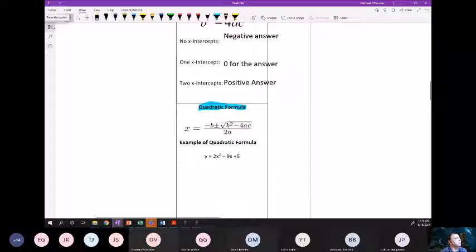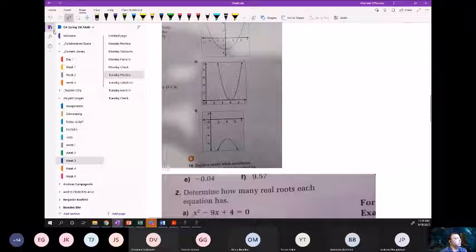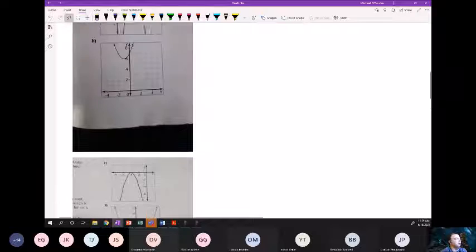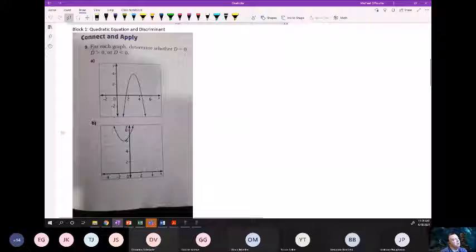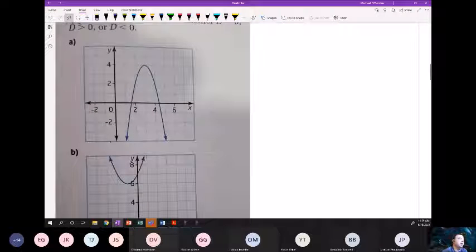Then, if we look at our homework here real quick, the first couple of questions are about the discriminant. For this discriminant right here, would that parabola have a positive, negative, or 0 as the answer for the discriminant? Looking at that graph right there.